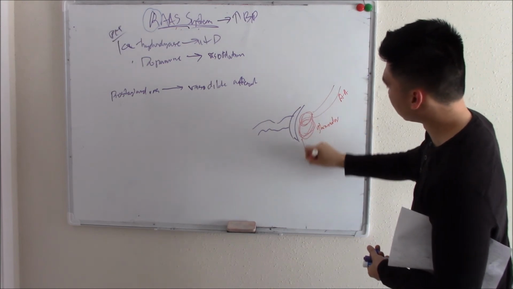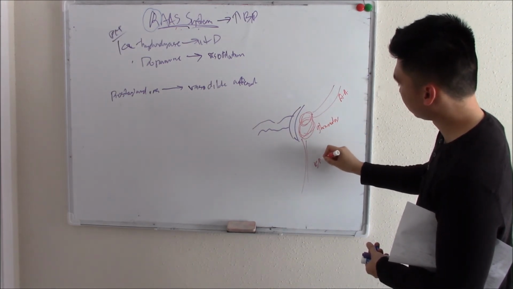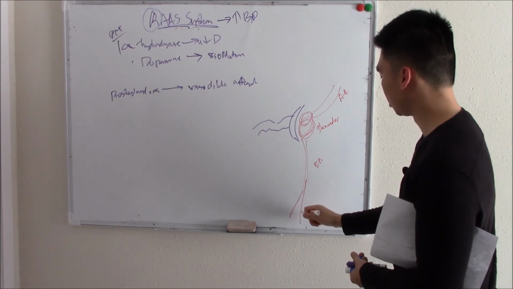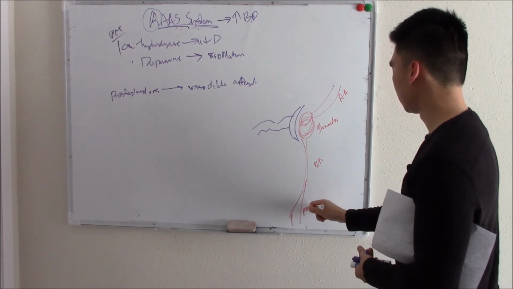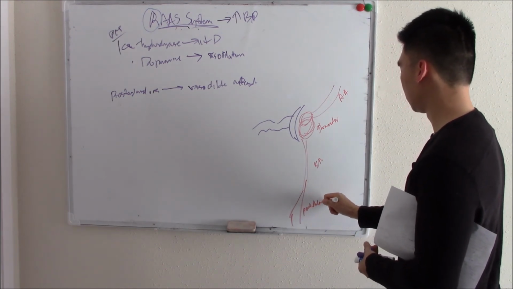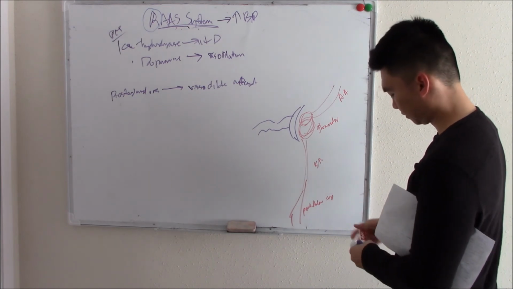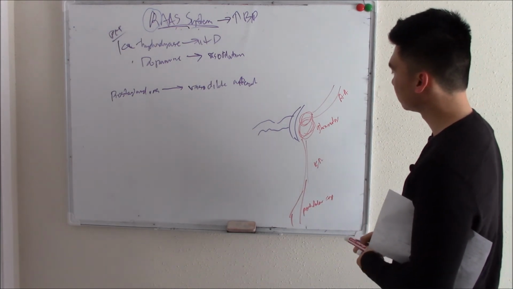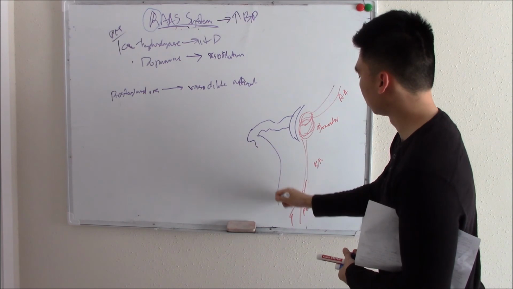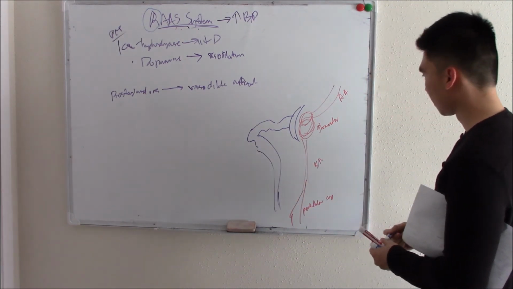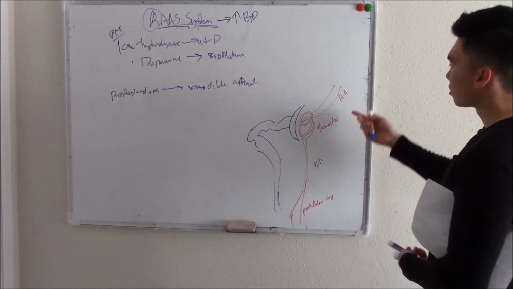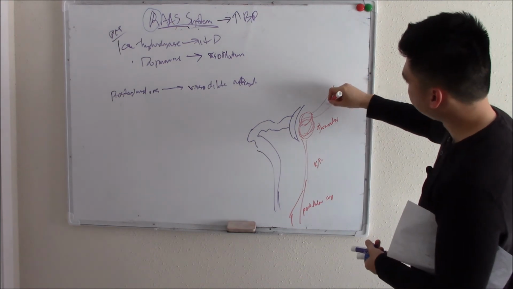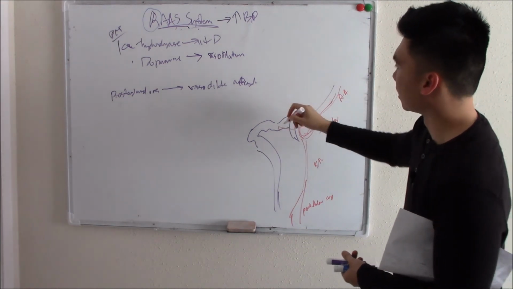Anything that's left goes out your efferent arteriole, and that becomes your peritubular capillary, right? And by vasodilating your afferent arteriole, you increase GFR.